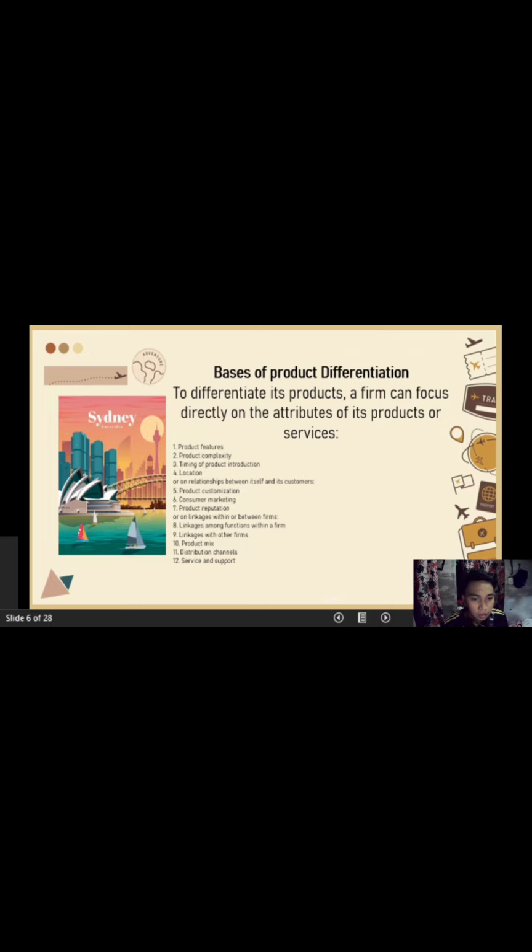Tsaka yung pangatlo, yung time of product introduction. Introducing a product at the right time can also help create product differentiation.